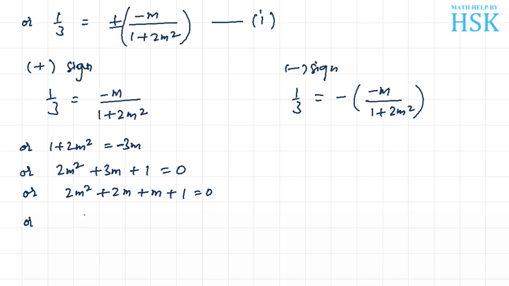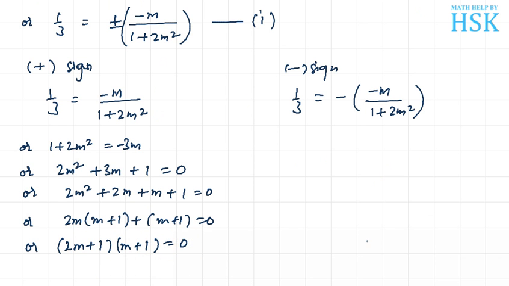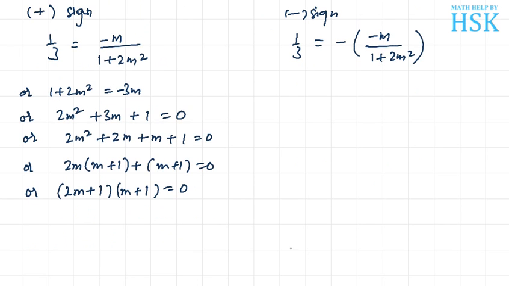Taking 2m common, I get 2m into (m plus 1) plus (m plus 1) is equal to 0, or (2m plus 1) into (m plus 1) is equal to 0. So 2m plus 1 is equal to 0, m is equal to minus 1 by 2, and m plus 1 is equal to 0, m is equal to minus 1.